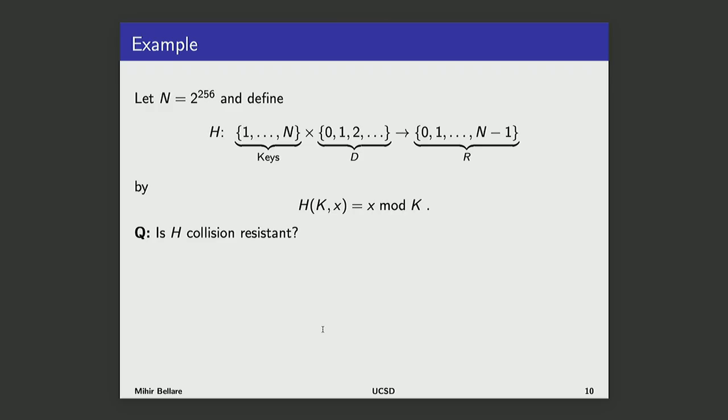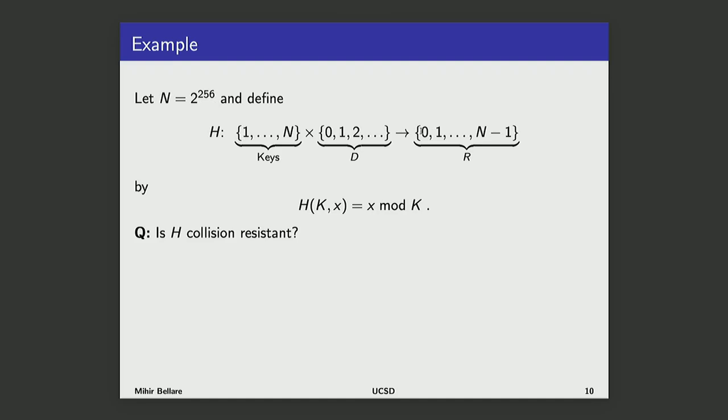Okay, so let's see if we can test this out by breaking a few things. So I can pick some arbitrary h, and I picked this weird one where the set of keys is the numbers from 1 up to 2 to the power 256. So anything from 1 up to this number n. The domain I made actually infinite, so it's all integers.